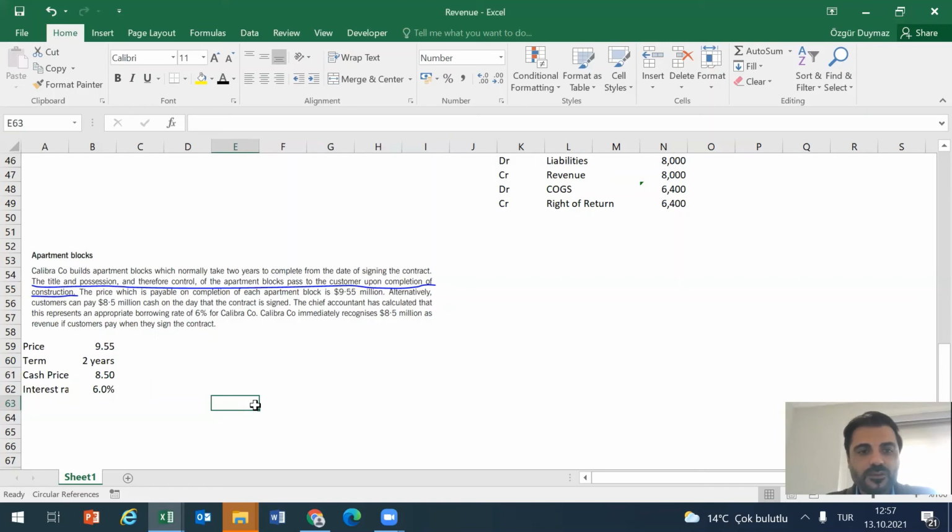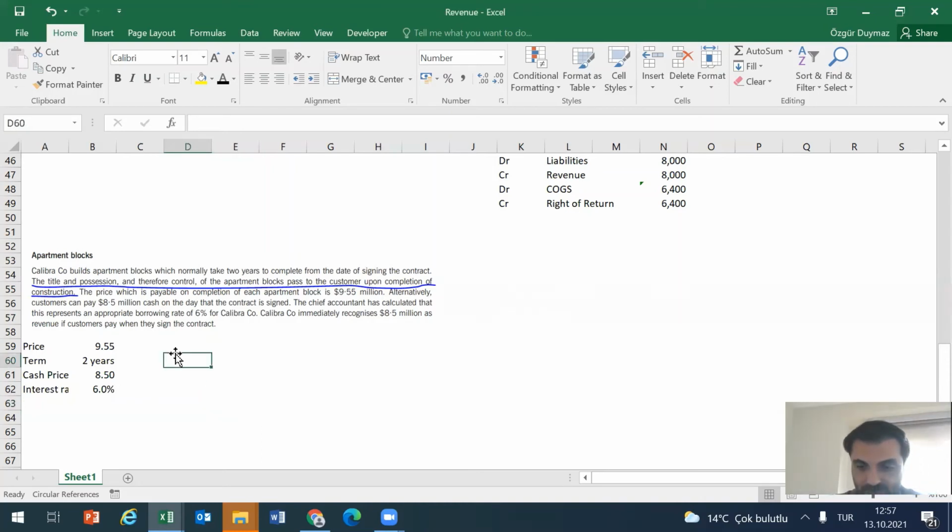Revenue cannot be recorded unless control has passed over to another party. Here, we need to wait for 2 years at least to recognize the payment or any commitment as revenue, because we still have control.